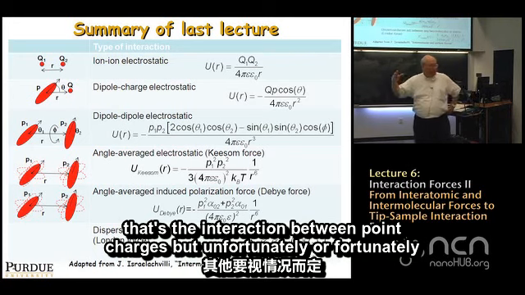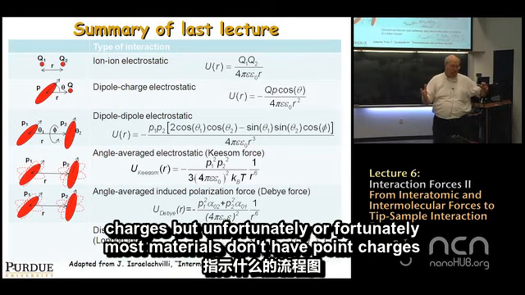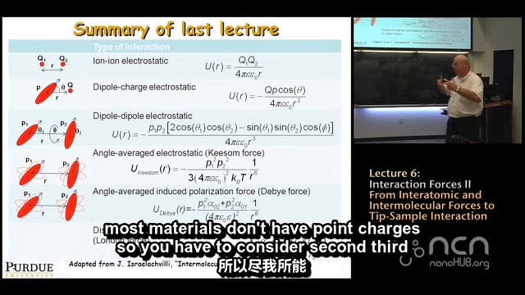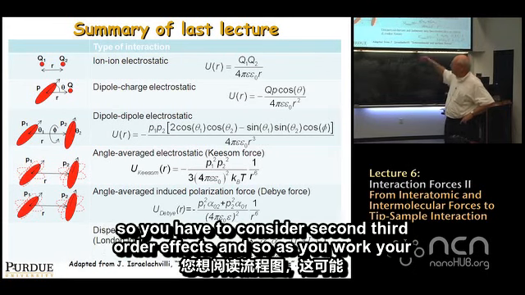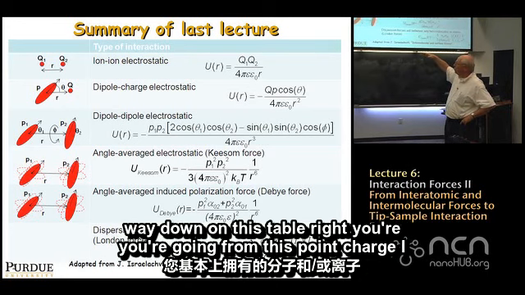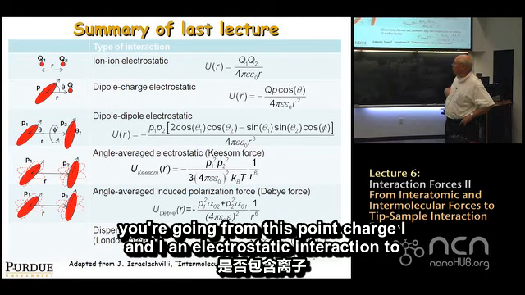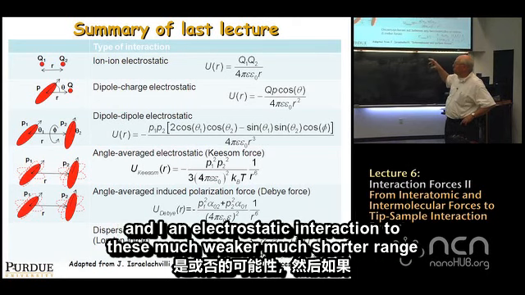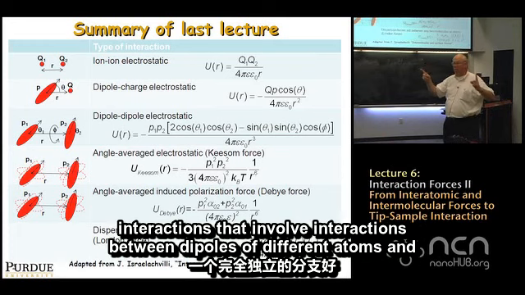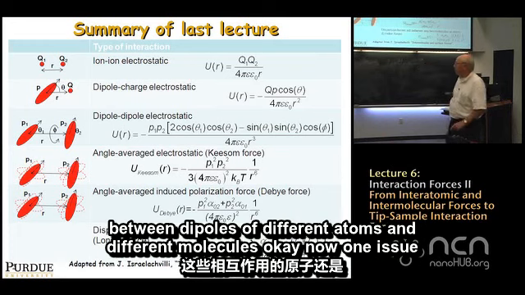But unfortunately, or fortunately, most materials don't have point charges, so you have to consider second, third order effects. And so as you work your way down on this table, you're going from this point charge ion-ion electrostatic interaction to these much weaker, much shorter range interactions that involve interactions between dipoles of different atoms and different molecules.